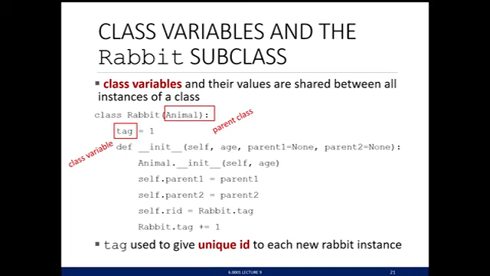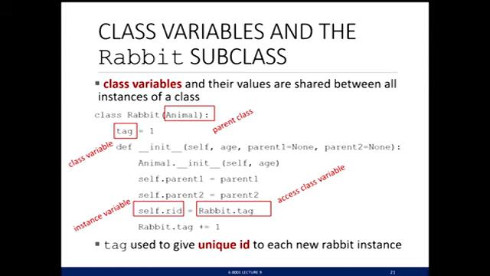And then this is where I'm going to use this class variable. I'm creating this data attribute, an instance variable particular to a specific instance, called RID. And I'm assigning this instance variable to the class variable. I access class variables using not self, but the class name.